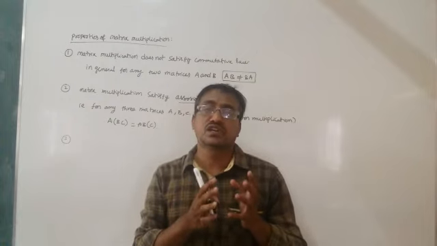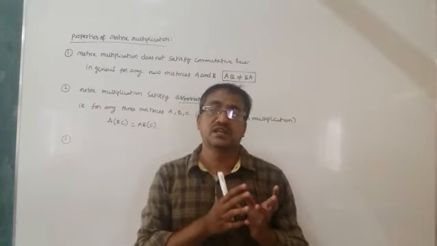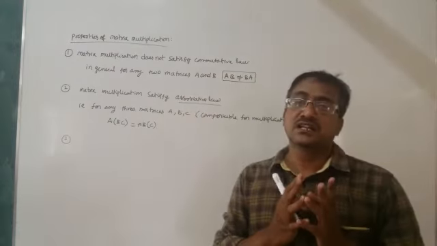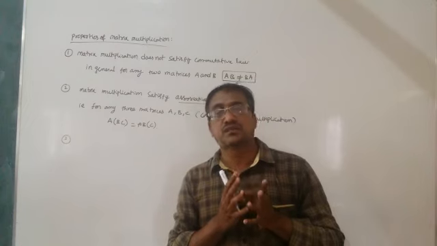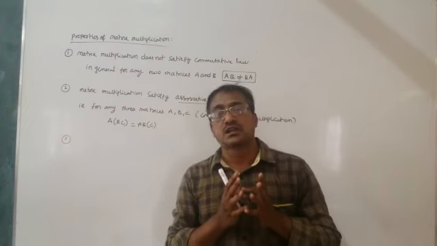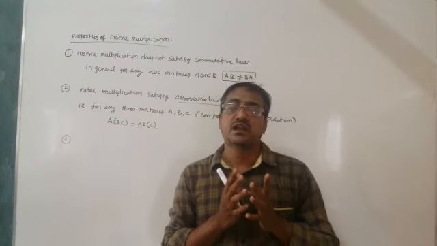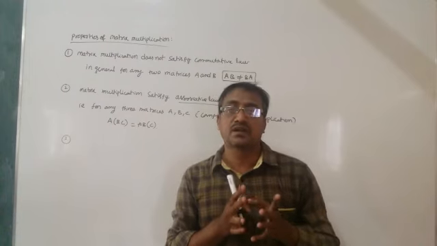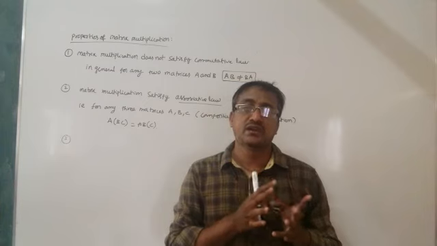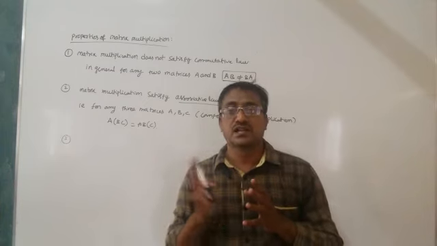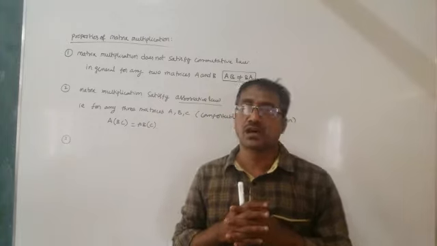But in most cases, AB is not equal to BA. And matrix multiplication satisfies the associative law. That is, for any 3 matrices A, B and C which are compatible for multiplication, A into BC is equal to AB into C. That is called the associative law.